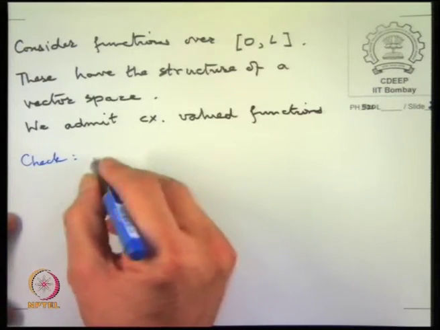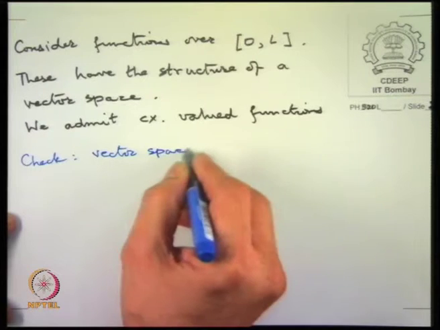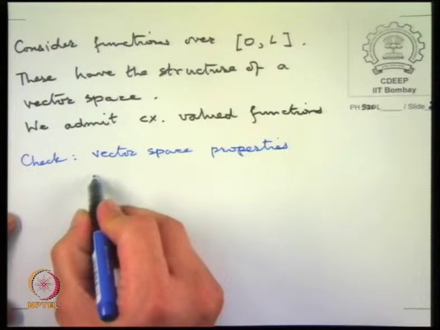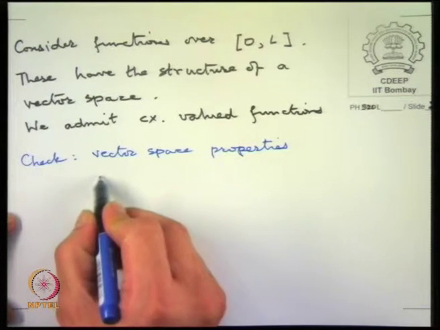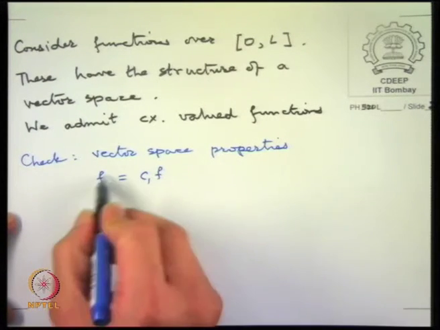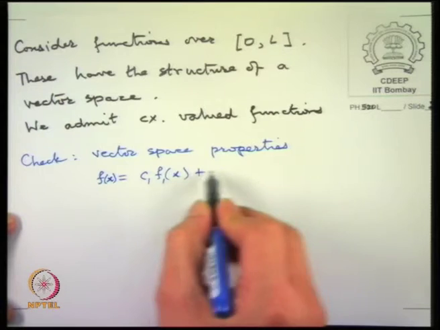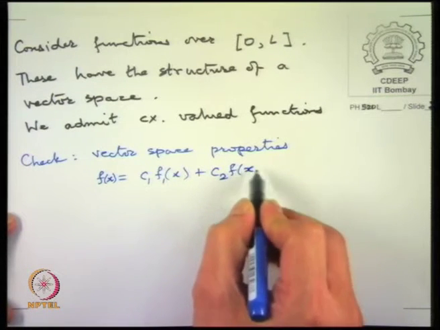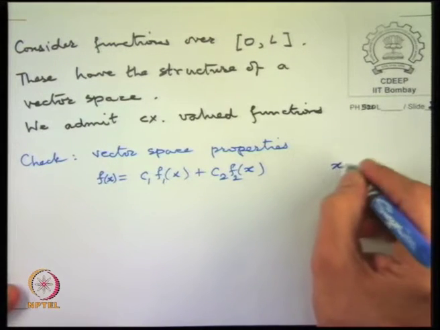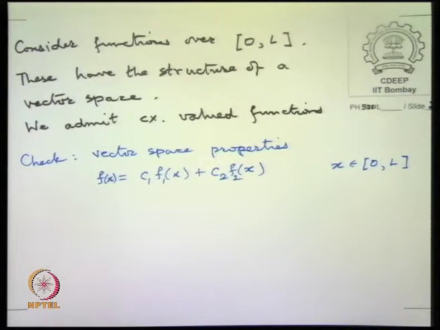The vector space property is simply that f of x equal to C1 f1 of x plus C2 f2 of x, where x belongs to this closed interval, and there is no problem.